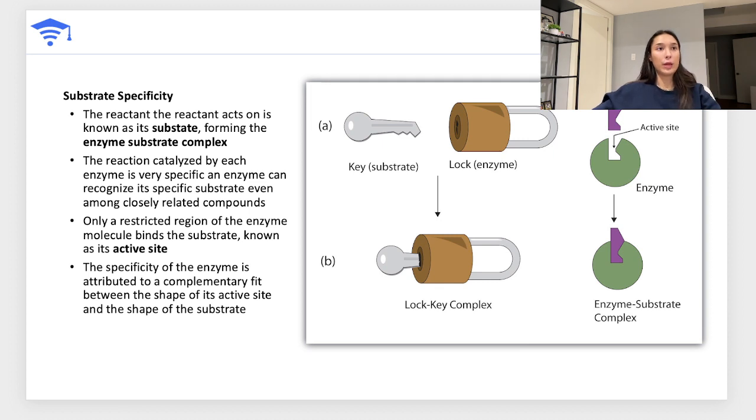This also helps with fine-tune regulation. Now, what I mean by that is, let's say your body is producing too much of a certain protein or a certain hormone, okay? You're producing a lot of hormone and you shouldn't be producing anymore. Your body is basically like, we have too much of this now, we need to stop producing it.